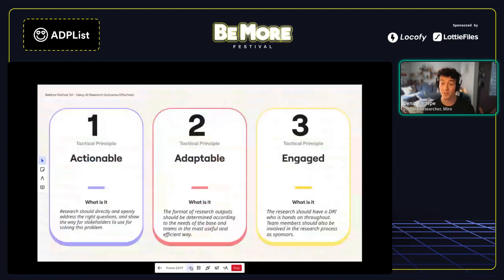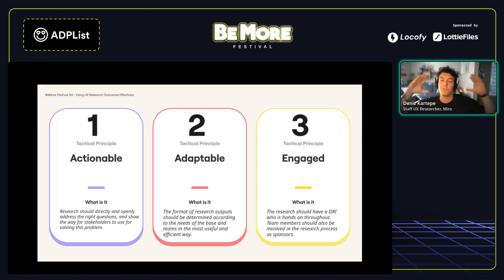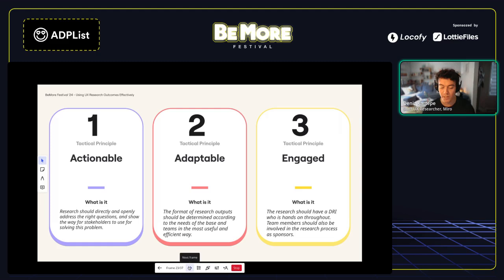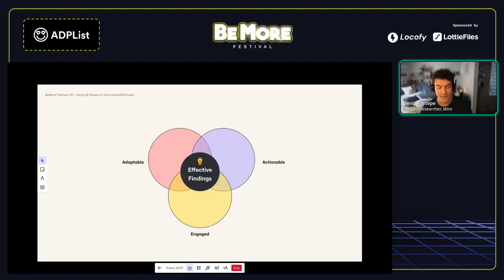So we're looking at these. And now consider these columns of a monument that we are building. Now, with these three tactical principles, we put the strategic principle approach on top that I would really like everyone to just take away after this session, right? So the effective findings happen at the intersection of these.